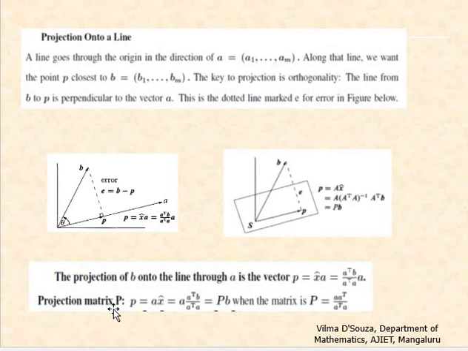And the projection matrix P is found using the formula P = a aᵀ / aᵀa, where the projection p is given by a times x̂, that is a (aᵀb / aᵀa), which is also equal to Pb, where P is the projection matrix.